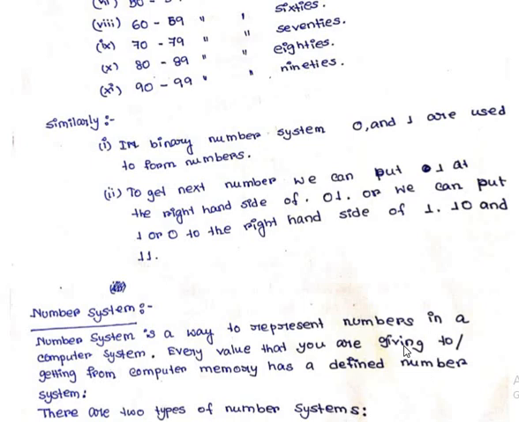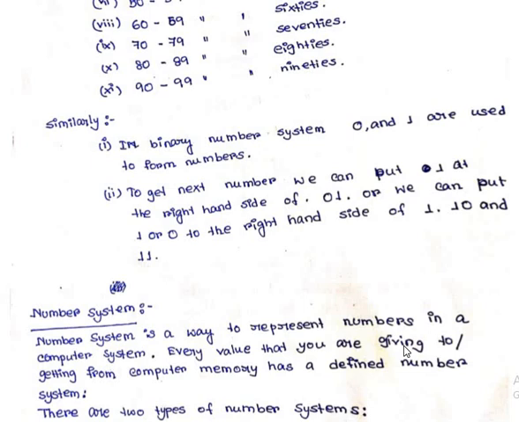Even we can put 1 or 0 just beside 10, and it will make 100 or 101. Just write it down in your copy. An example: 10. We can put a 1 or a 0 just to the right hand side of 10. It will make the number 100 if I put a 0, or 101 if I put a 1.